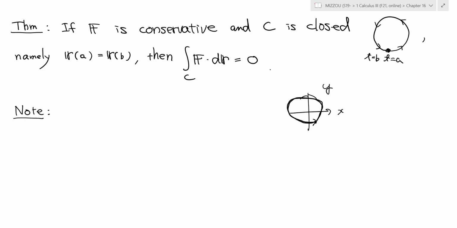So for example, let's think about this vector field.